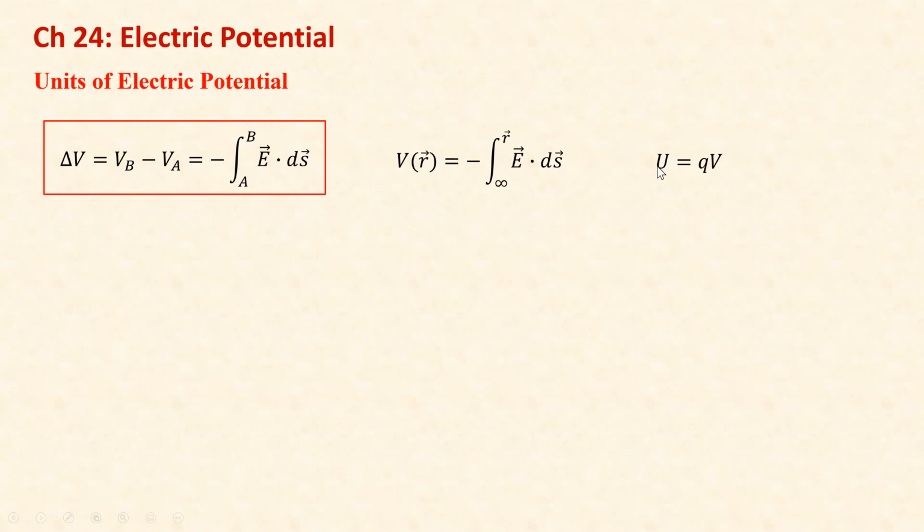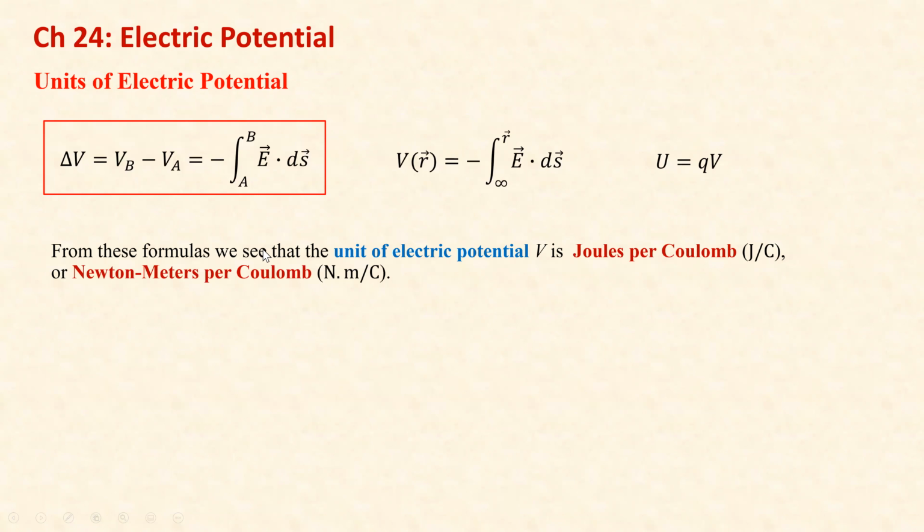Or from here, this is potential energy. The unit of energy everywhere in physics is joules. And therefore, the unit of potential becomes joule per Coulomb, right? The unit of electric potential V is joules per Coulomb, or Newton meters per Coulomb.